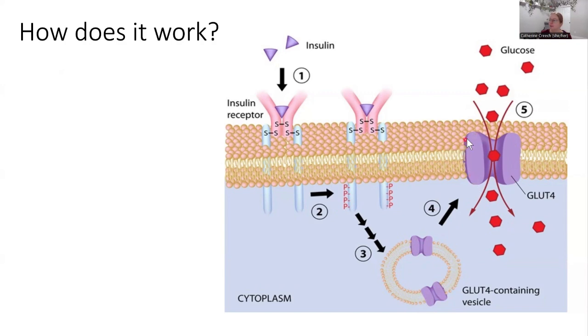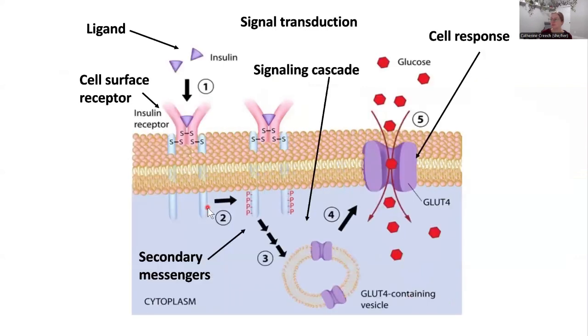And now I have the transporter for glucose in my plasma membrane, so glucose can enter the cell. When there is no longer a signal that insulin is there, these GLUT4 transporters will be pulled back in. So they're only used when glucose is present. Here's a beautiful process of it. I want you to look at the steps and see if you can identify what's happening at each step.